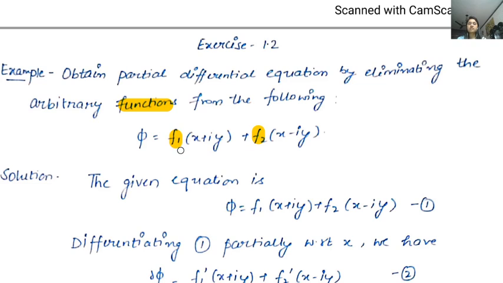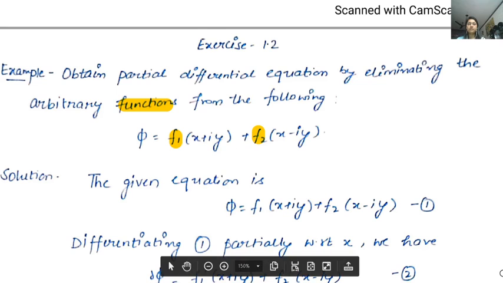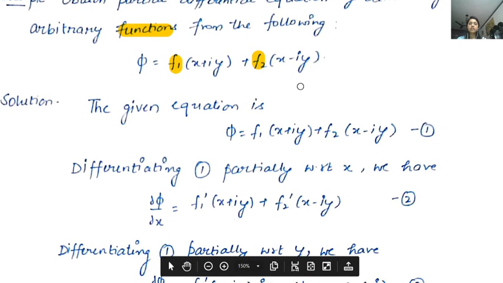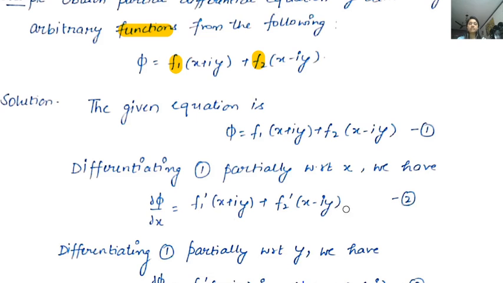For this, firstly, we will differentiate this equation partially with respect to x. When we differentiate it with respect to x, we will get ∂φ/∂x equals f1'(x + iy) + f2'(x − iy).